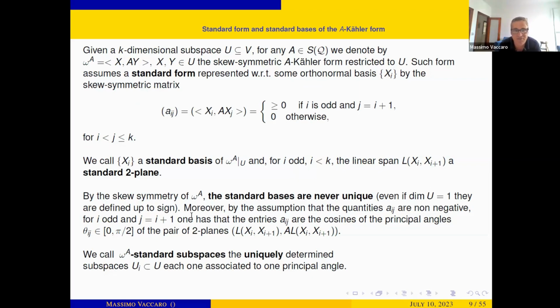This is a skew-symmetric form by the skew-symmetry of A. And any skew-symmetric form, we know by linear algebra, admits a standard form, which is this one. I decided to define a standard form in which the a_ij are defined to be positive, or not negative.